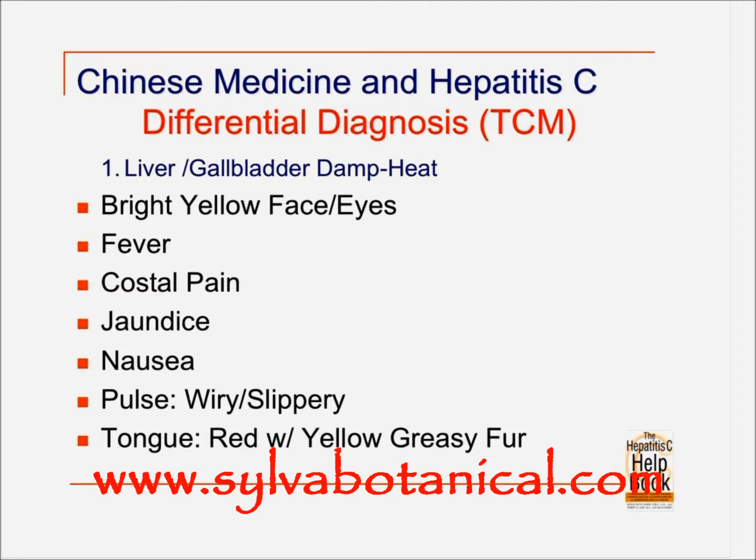So, of course, a bright yellow face and eyes associated with jaundice. You can have fevers, you can have constant pain, which can be severe. It can be on the right side and or the left side, primarily the right side. Nausea. The pulse can have a wiry quality or a slippery quality, depending on whether there's more dampness or more liver gallbladder aspects showing. The tongue is often red with a yellow greasy fur.